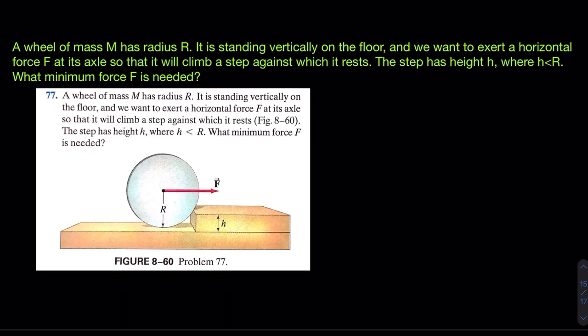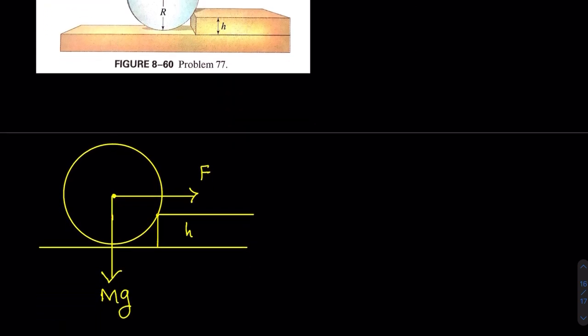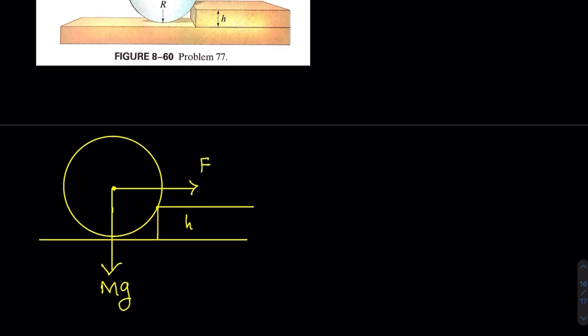So in order to find out the value of the minimum force, we need to do analysis and draw a free body diagram. So of course we will have the mg, which is acted on anything which has a mass, okay? But how to calculate the minimum F? The minimum F is when this force is acted and this wheel is a little bit above the ground.